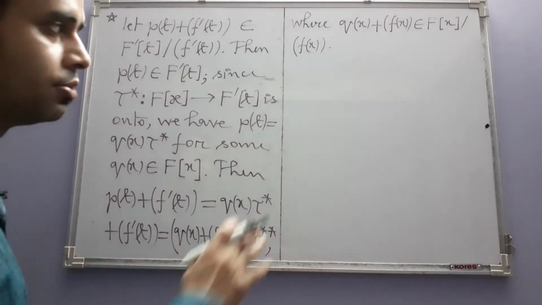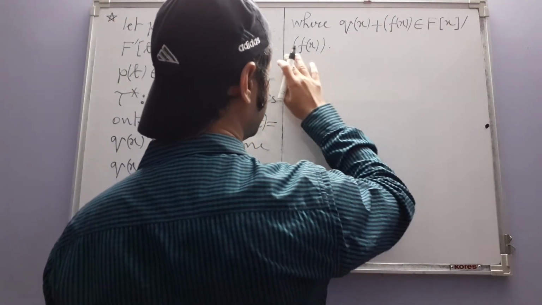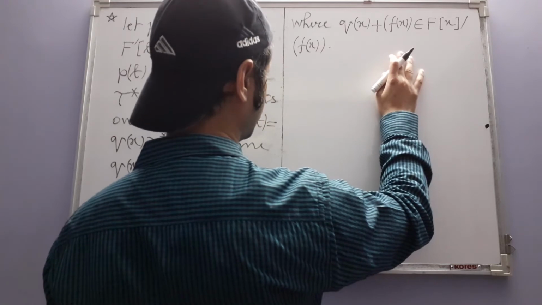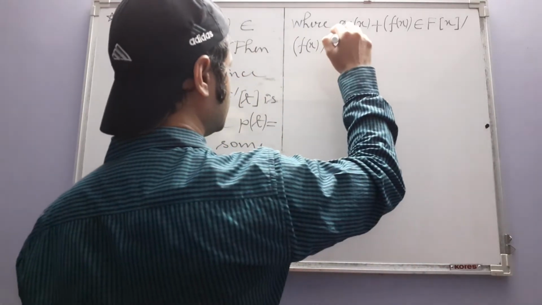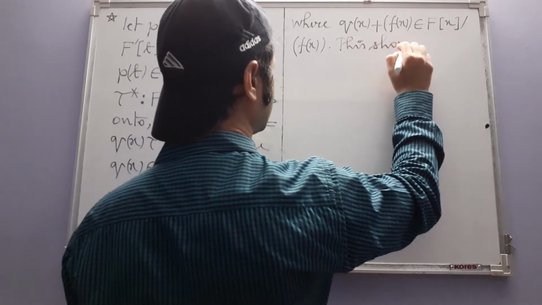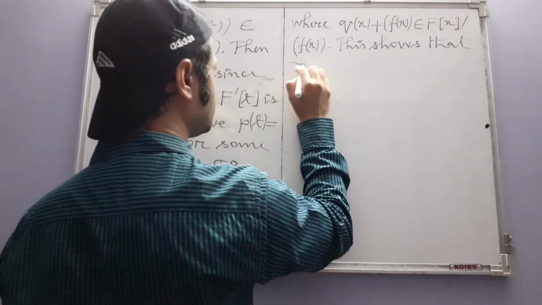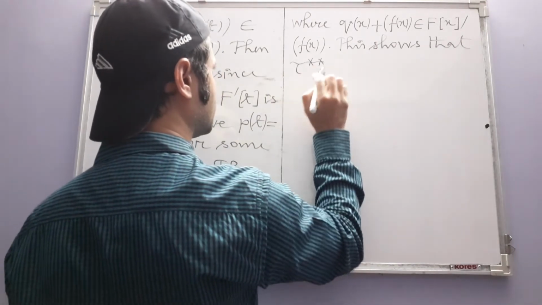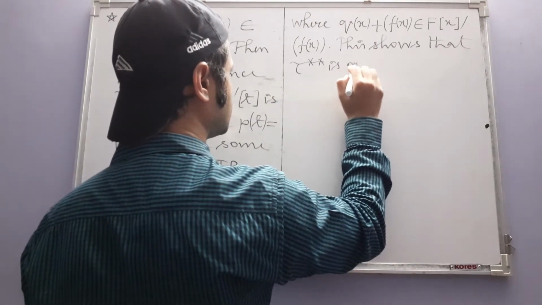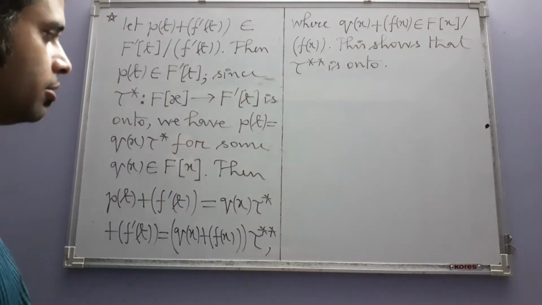I'm just simply doing it here for lack of space, but you try to do it unbroken. This shows that tau double star is onto. Okay, so it's an onto ring homomorphism.